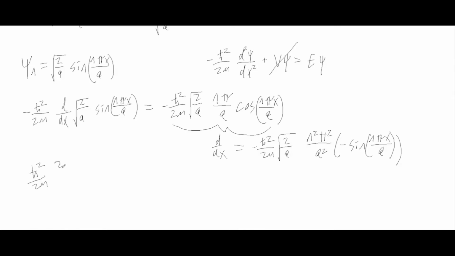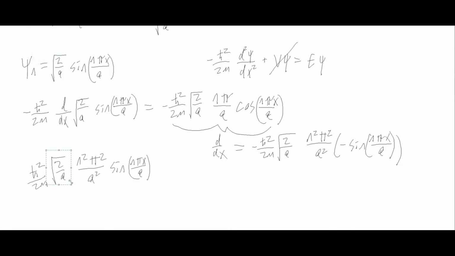We have our square root of 2 over a here, and then we have n squared pi squared over a squared, and then we have sine of n pi x over a. I probably should have written this differently.